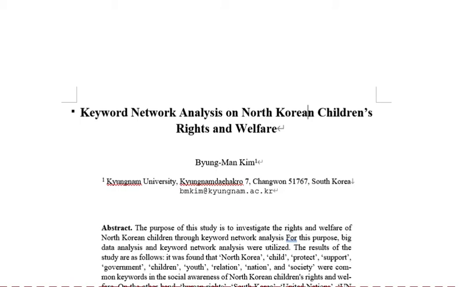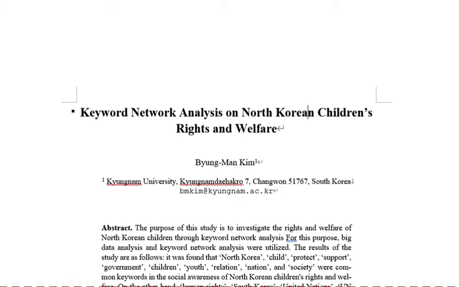It was found that North Korea, Child, Protect, Support, Government, Children, Youth, Relation, Nation, and Society were common keywords in the social awareness of North Korean children's rights and welfare.